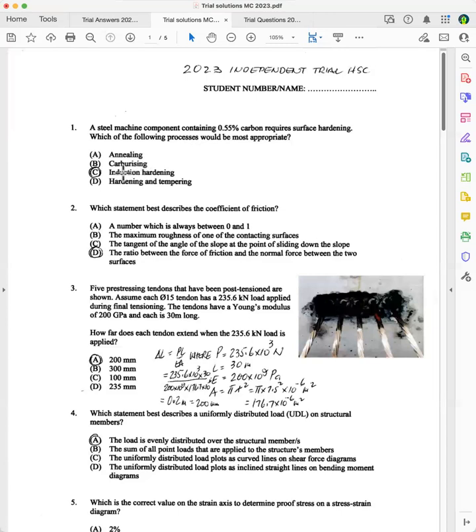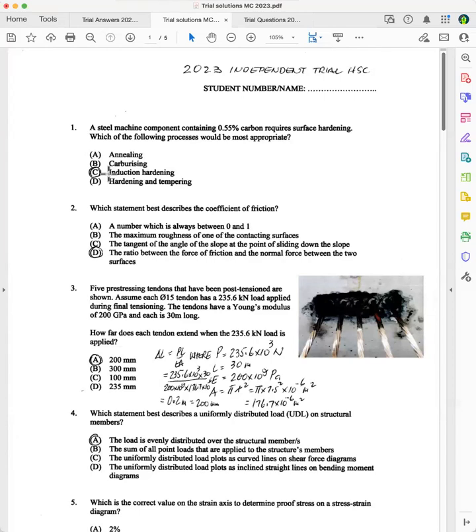And the answer obviously is induction hardening, where you just supply heat and rapid cooling to the case, and it provides a soft, ductile core.